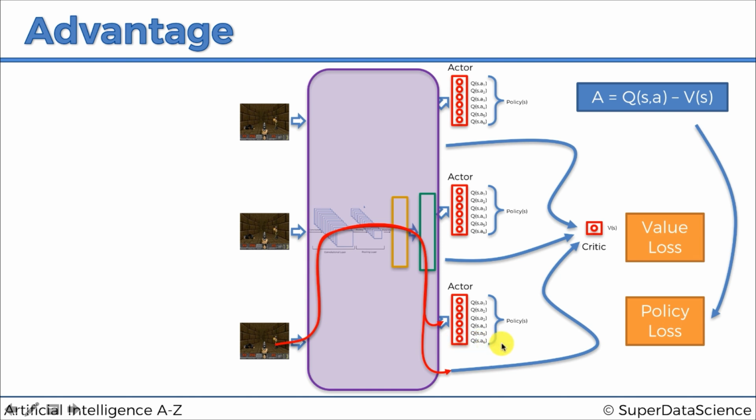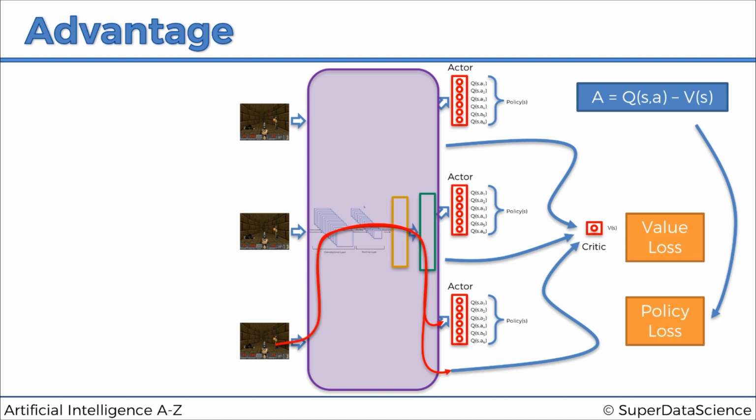And of course, there'll be exploration plus exploitation combined in there. But we select a Q value, and now the question is, what is the advantage? Hence, it's called advantage. What is the advantage that your selected action brings compared to the known value of that state? And that is the essence of the advantage.